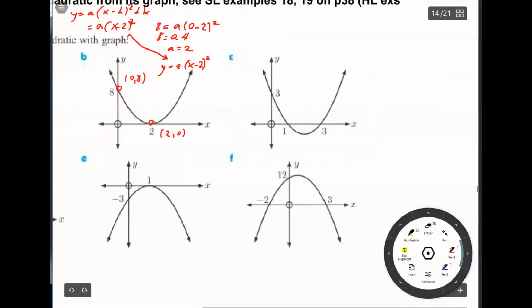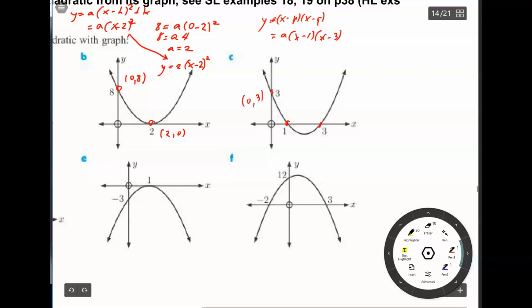What about small c? So for this one, they gave us two x-intercepts, and they gave us a y-intercept of 0, 3. So let's put it in factored form, which remember is y equals a times x minus p times x minus q, where p and q are the x-intercepts. So in this case, we have a times x minus 1 times x minus 3.